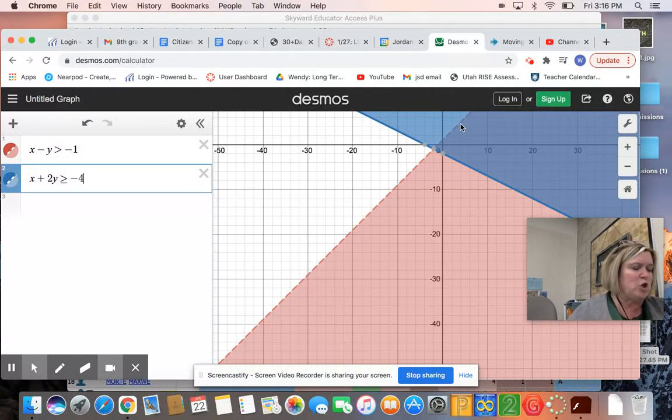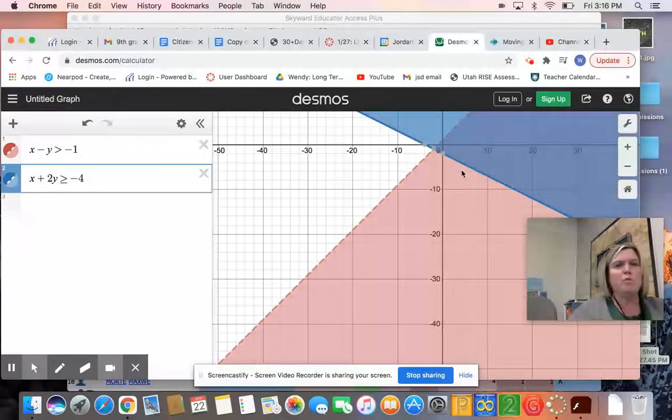So that would be no. That's not part of the solution because it's on the dotted line, which does not include that number. What about (2, -3)? That is outside of the shaded region, so that is not part of the solution either. So the only one for number 8 is (0, 0).